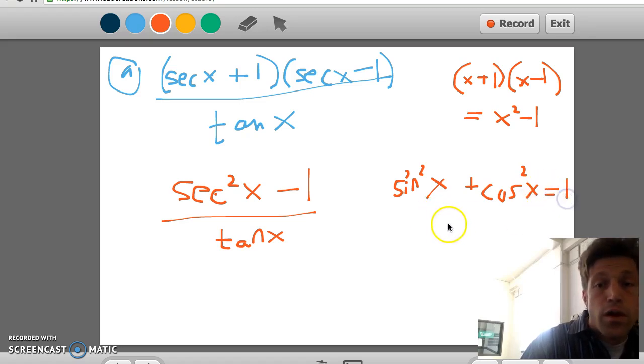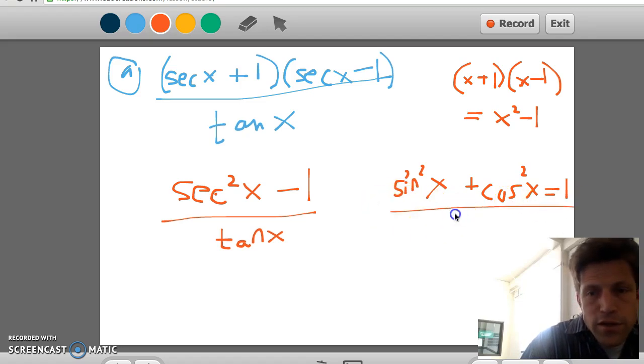And if I want secant, I'm probably going to have to divide by cosine. 1 divided by cosine gives me secant. So I'm going to divide everything by cosine squared x here, dividing the whole equation, and I'll get sine squared x over cos squared x, that's tan squared x.